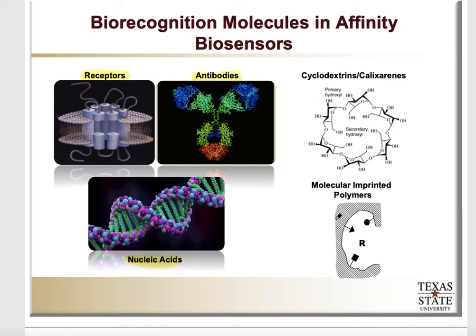And then on the right-hand side, I have two different examples of synthetic biorecognition molecules for an affinity biosensor. The first set, in this particular case, I'm actually showing cyclodextrin. So cyclodextrin is a polysaccharide that is synthetically made. And this basically acts like a host molecule that is able to interact with high affinity with certain molecules, typically hydrophobic molecules.